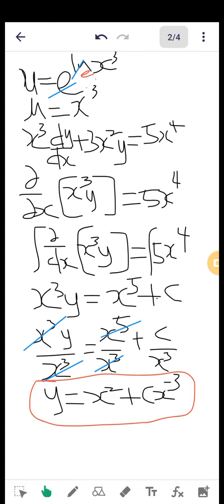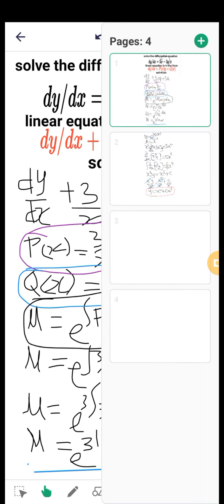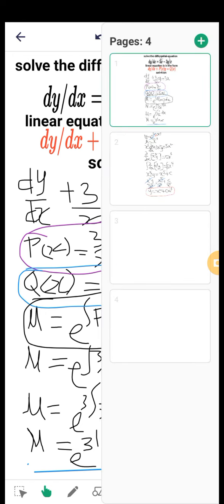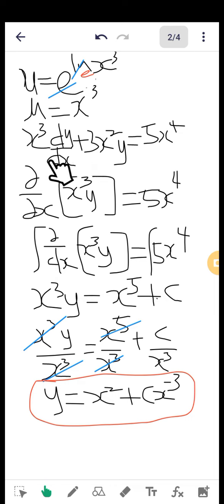Then we multiply my integrating factor mu through the original equation, the equation when it was in this form. Upon doing so, we get x cubed times dy/dx plus 3x squared y equals 5x exponent 4.